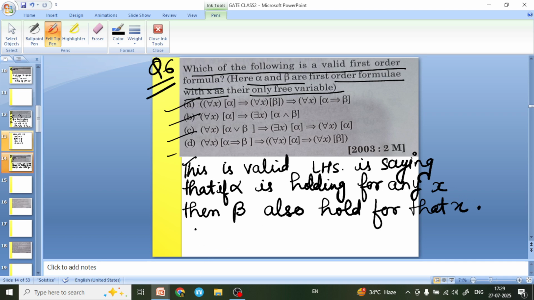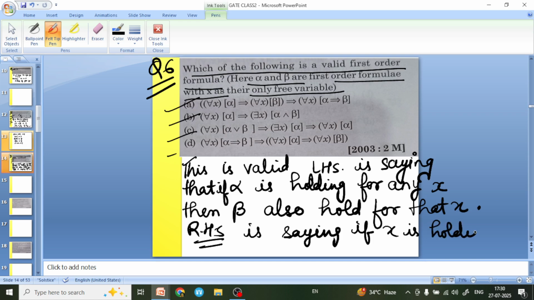And the right hand side is saying if alpha is holding for all x, then beta holds for all x.